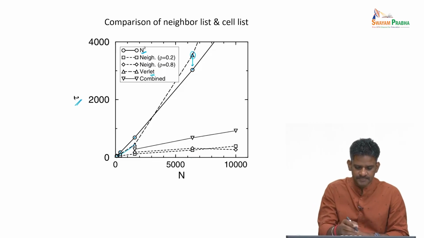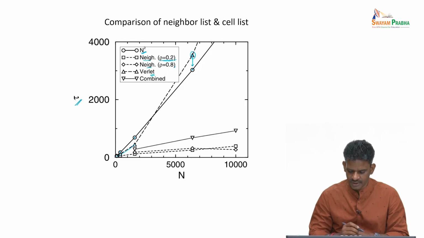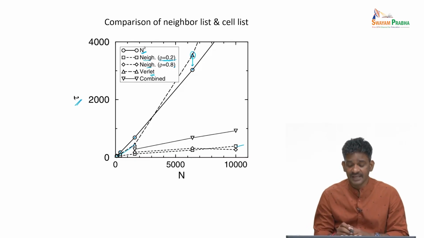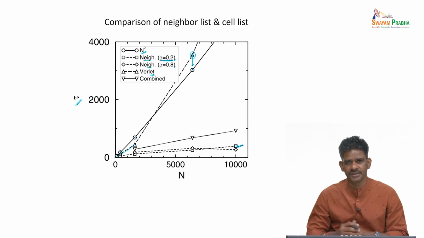On the other hand, if you look at the neighbor list, here the example is shown for two different densities. Suppose you take the low density limit of 0.2, that is the squares here. You can see compared to the Verlet list and n square algorithm, the amount of time required for the cell list is actually orders of magnitude smaller. That's why it is the most sought after algorithm in managing force calculation in MD simulations.